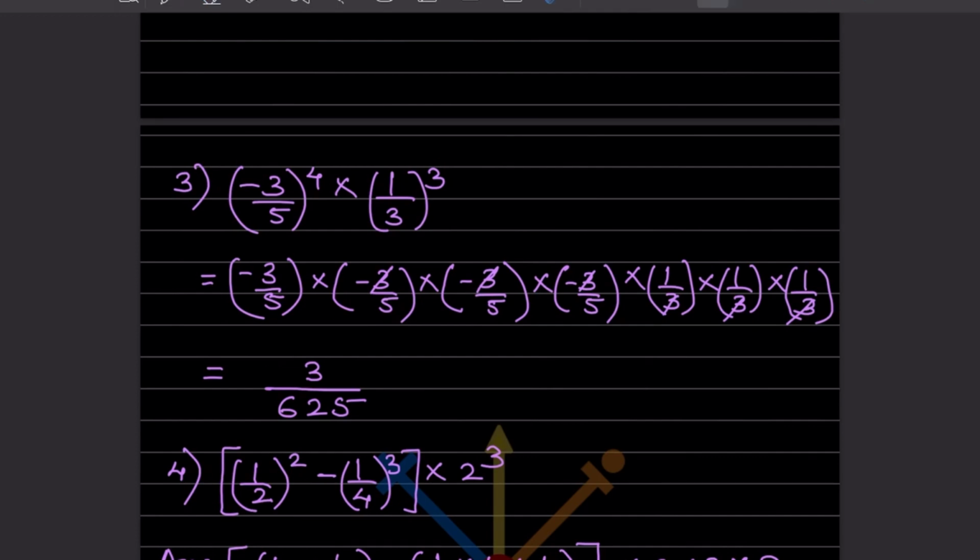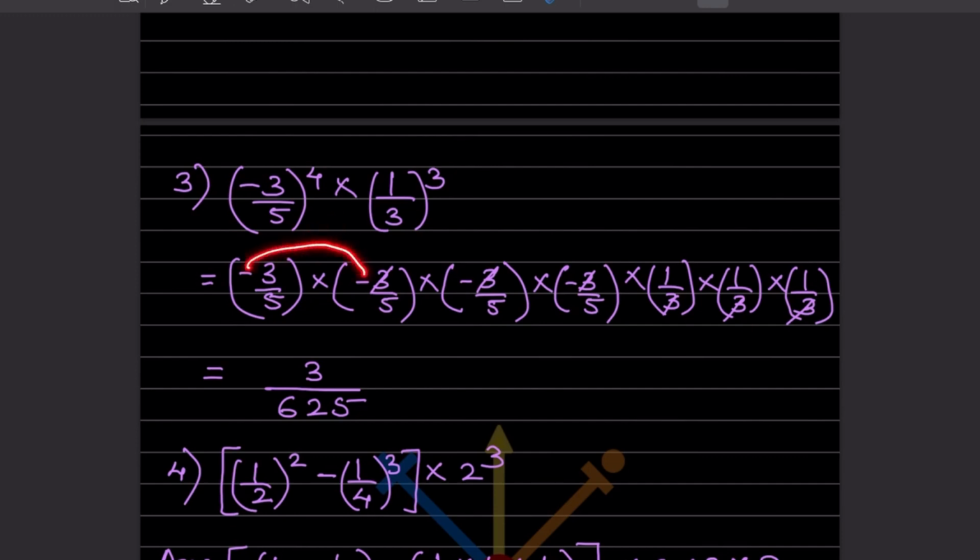So see here, this 3 and this 3 gets cut, this 3 and this 3 gets cut, this 3 and this 3 gets cut. So now look at here, here is 4 times, means this is an even number. So wherever you see this negative 1, 2, 3 and 4, this is going to be positive 1.